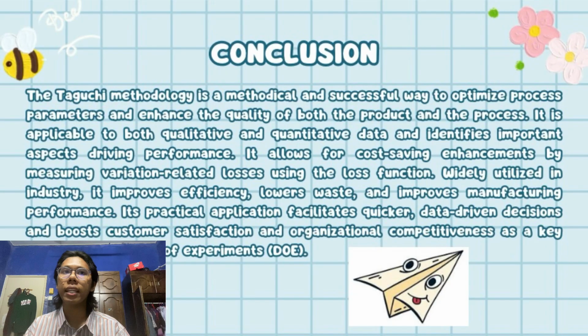Widely utilized in industry, it improves efficiency, lowers waste, and improves manufacturing performance. Its practical application facilitates quicker data-driven decisions and boosts customer satisfaction and organizational competitiveness as a key instrument in design of experiments, or DOE.